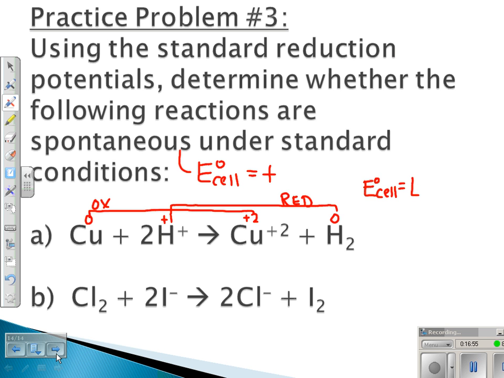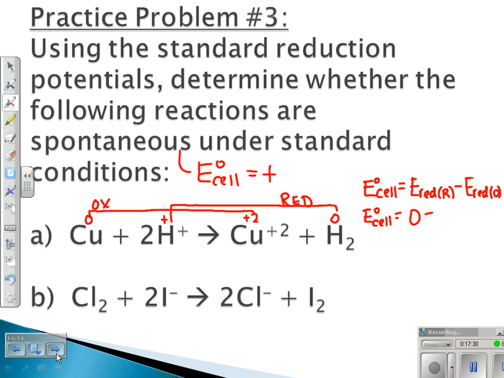So my E cell, and this is standard conditions, is going to be the reduction potential of the one being reduced minus the reduction potential of the one being oxidized. Okay, so E cell, reduced one first. So the reduced one is the H+. So you find H+ on there, you'll see that its reduction potential is 0. The reason why it's 0, just for a quick little interlude, is because it was the basis for the comparison for all the others. When they determined all the other ones, they used that one as the baseline. So it is 0.